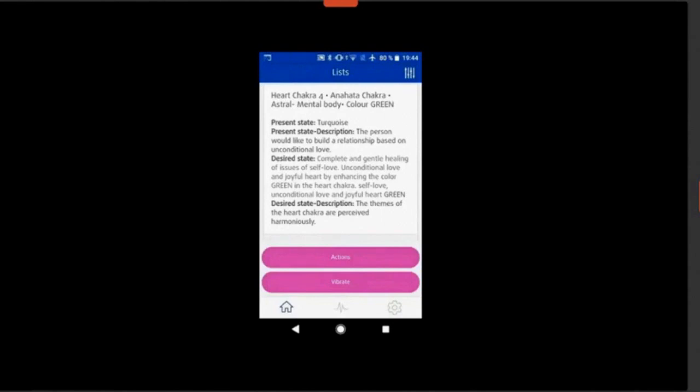As you see, unconditional love and a joyful heart, by enhancing this color, which is the original color of green. But self-love, issues of self-love and unconditional love, right?